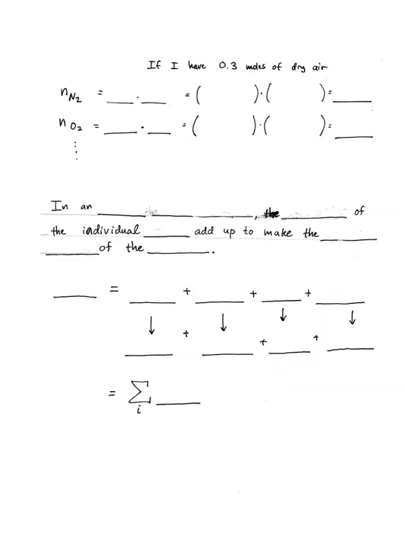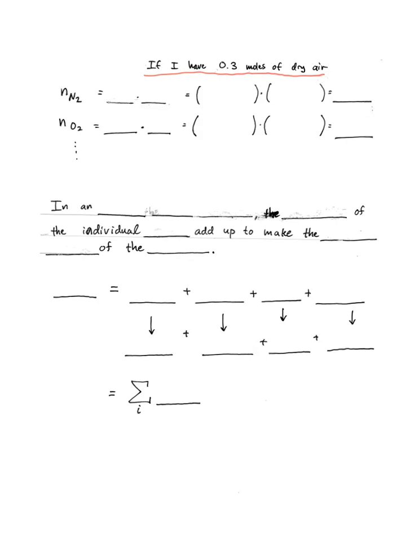Okay, flipping over the worksheet, we can use this information to calculate the number of moles of each gas that we have in the mixture. So if I have 0.3 moles of dry air in total, then using the numbers I had before, how do I calculate the number of moles of each component?